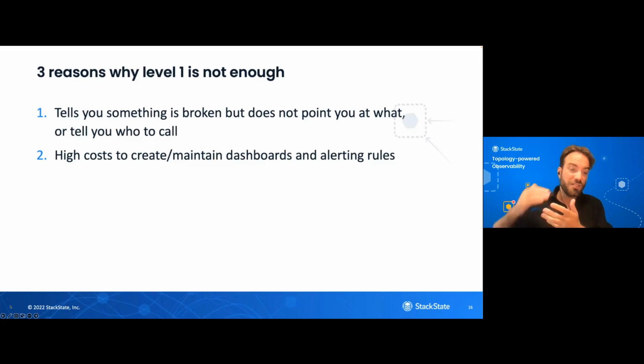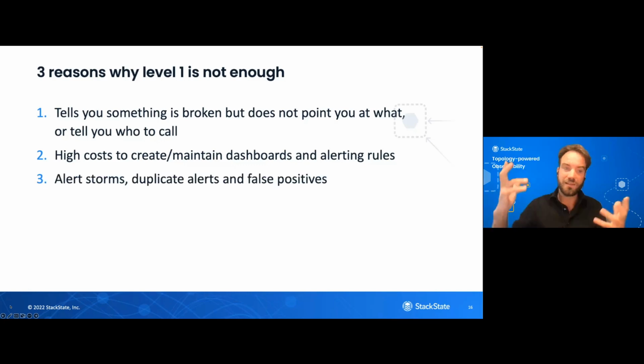But in order to do that, you need to create alerts on all levels, and that becomes very costly. And then you have alert storms. So one problem, 25 alerts. This happens a lot. And also duplicate alerts and false positives, very, very common.